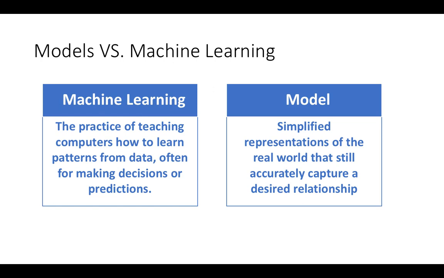Before we again talk about model complexity, we have been talking about machine learning models and defined machine learning earlier on in our videos. So let us recap the definition of machine learning. That is the practice of teaching computers how to learn patterns from data, often for making decisions or predictions.